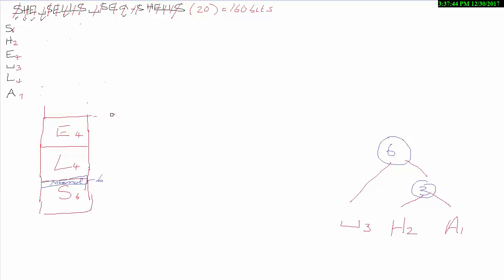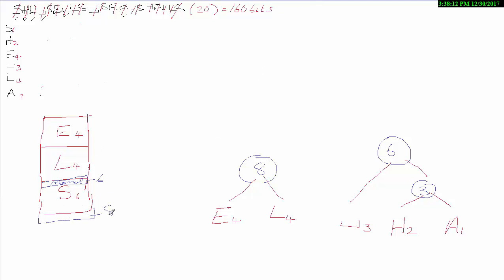So now I need to take my next two minimal, or low frequency, values and join them up together. So I'm taking my E4 and L4, and joining those together to make a new internal node of 8, which is placed in order in the queue.